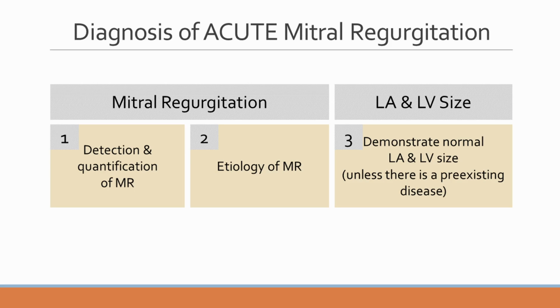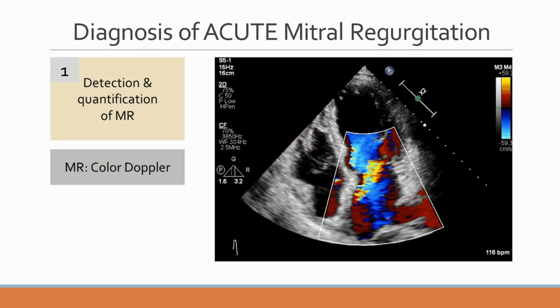We'll establish the etiology because that drives the type of treatment. And then the key is demonstrating the presence of a non-dilated left ventricle and left atrium, unless there is clearly a pre-existing condition. So how do we detect and quantify mitral regurgitation and show that this is an acute medical condition?